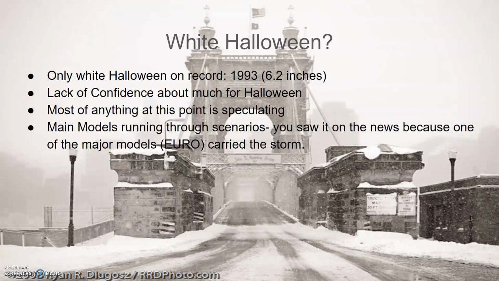Most of it at this point is speculation, and many of the main models are just flipping through certain possibilities. And you ended up seeing it on the local news because one of the major models, the European model, ended up giving it to us.